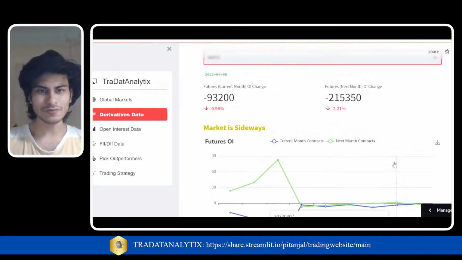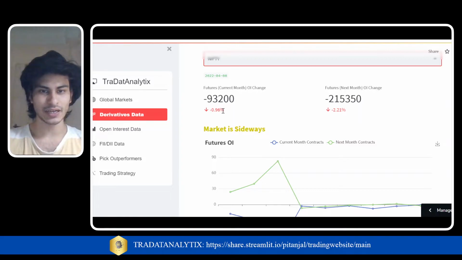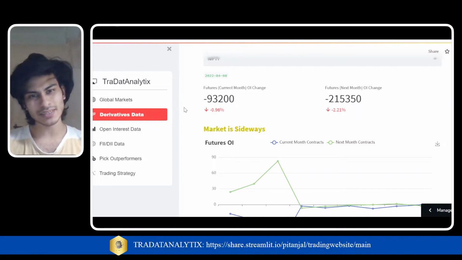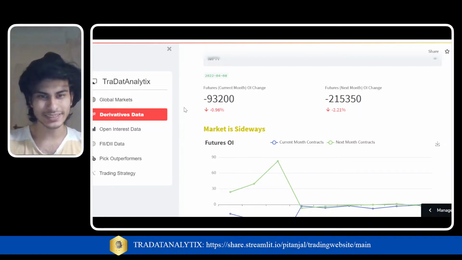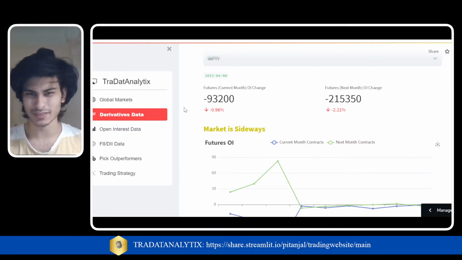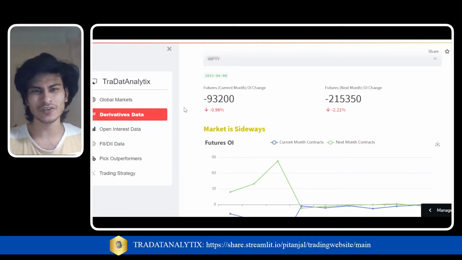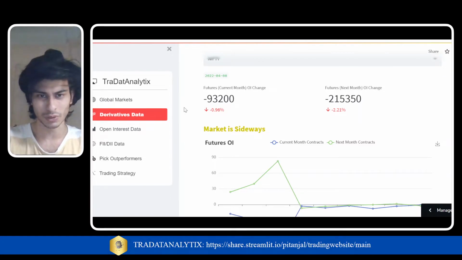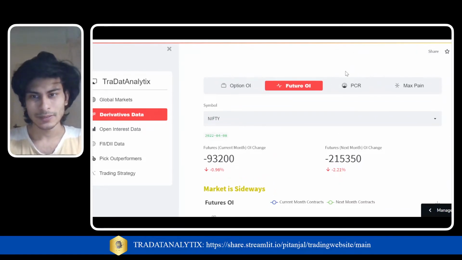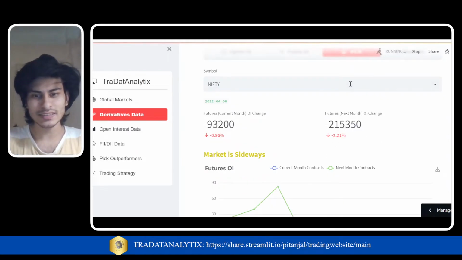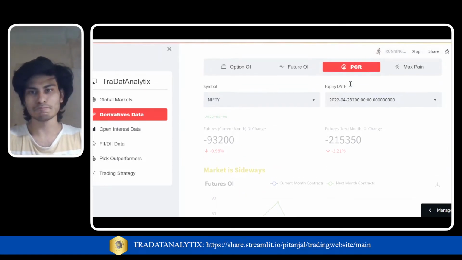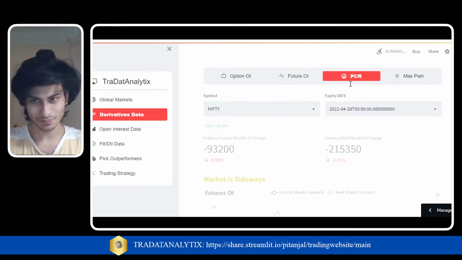In fact, this is a sideways action because the market went up and the open interest declined by about 0.96%. So nothing major there. We saw that the shorts that were there unwound a lot of their positions, is what we can see from here. Next, what we can see is the put call ratio.